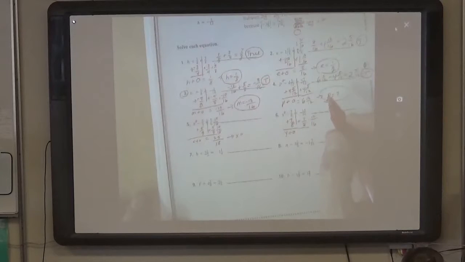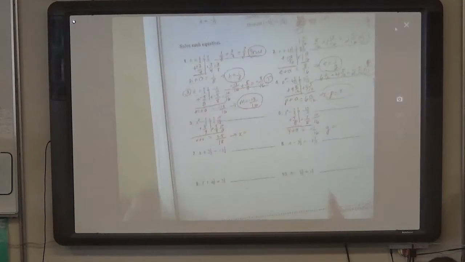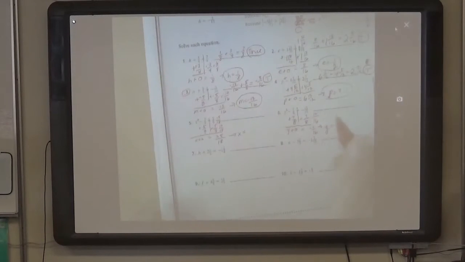Negative 15 plus 14 is -1. So -1/16. Yep. So y equals -1/16. Finish that up, Roy.